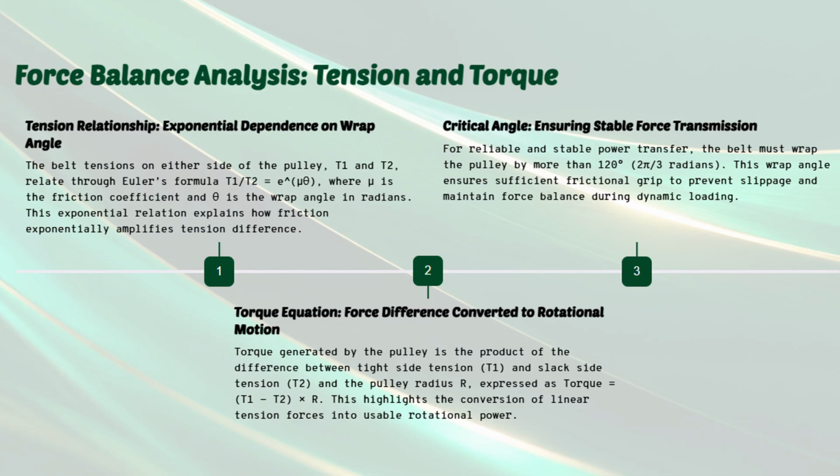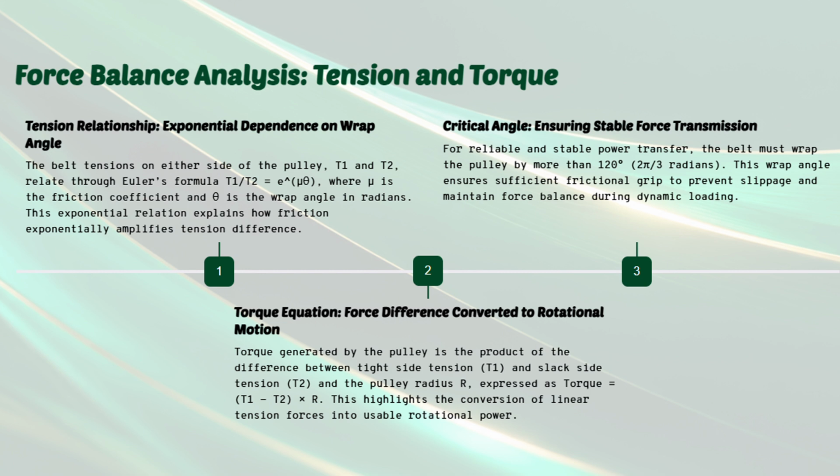When we perform a deeper force balance analysis, the mathematical relationship between tension and torque becomes incredibly clear. The relationship between the tight side and slack side tensions is governed by Euler's formula, T_1/T_2 = e^(μθ), where mu represents the friction coefficient and theta is the wrap angle in radians. This math reveals that the difference in tension is exponentially amplified by the friction and the amount of contact area.